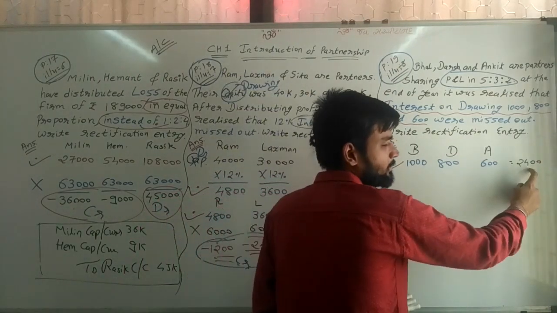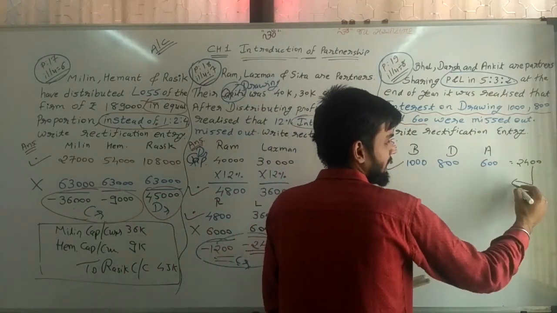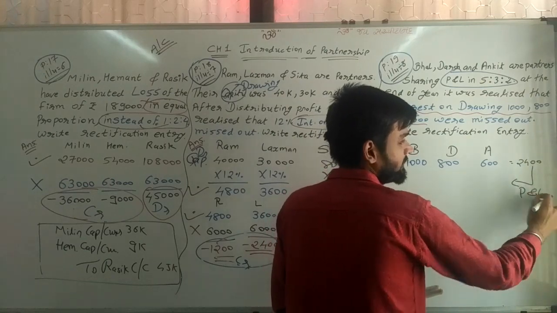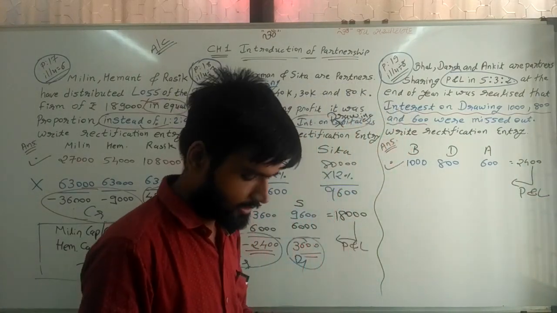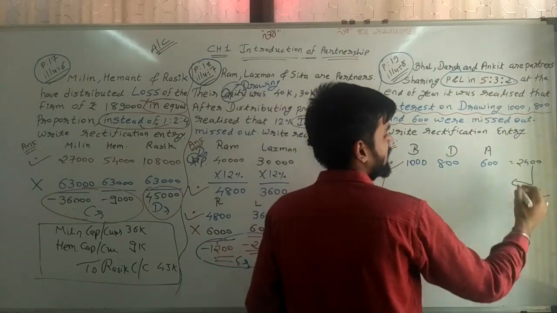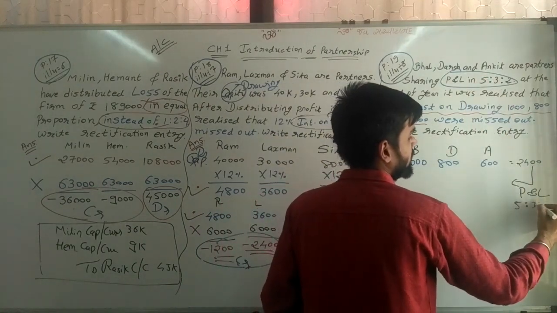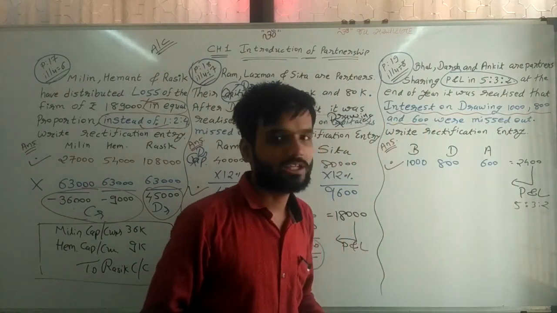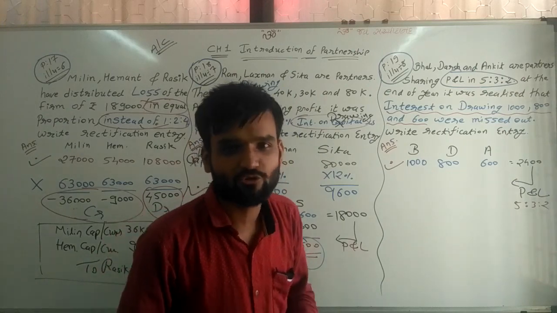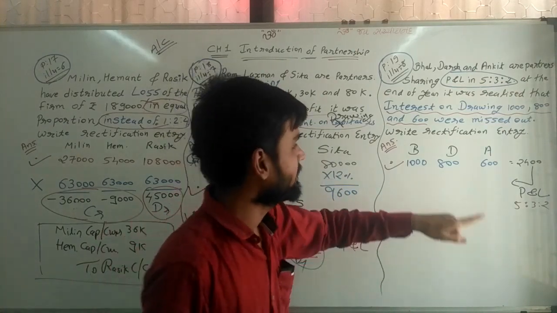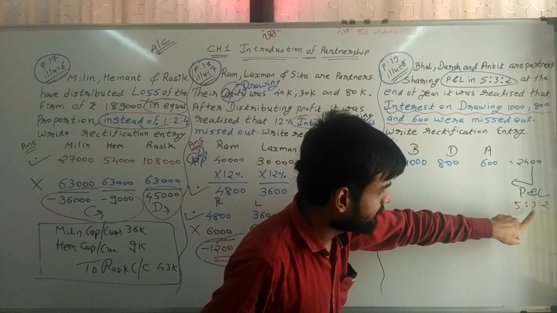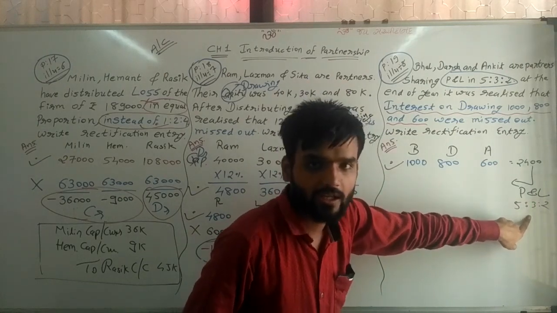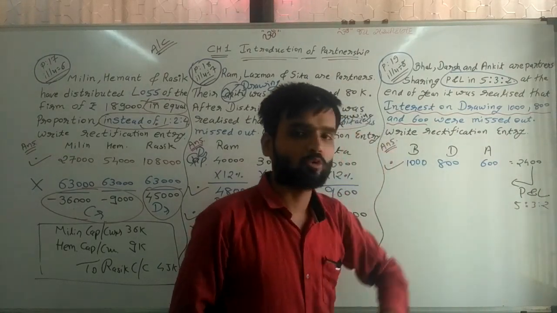Sir, write correct, make total of this and distribute it in P&L proportion. Sir, P&L proportion is given, 5:3:2. Here we cannot find equal ratio, and that's why this 2400 we are distributing in 5:3:2 proportion.